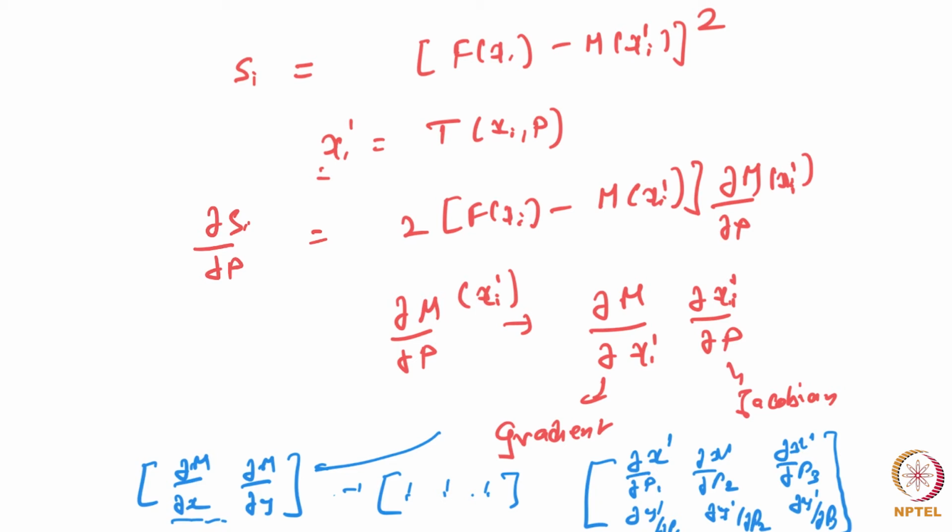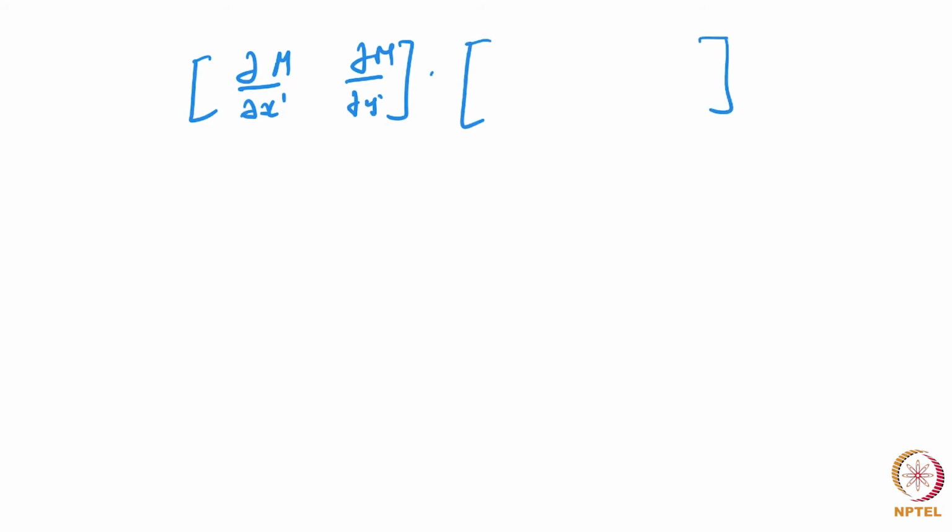Let me quickly add that step. Just to recap what we did there, you will have the moving image gradients, then you have the Jacobian of the transformation: delta x prime by delta p1, delta x prime by delta p3, then delta y prime by delta p1, and so on.